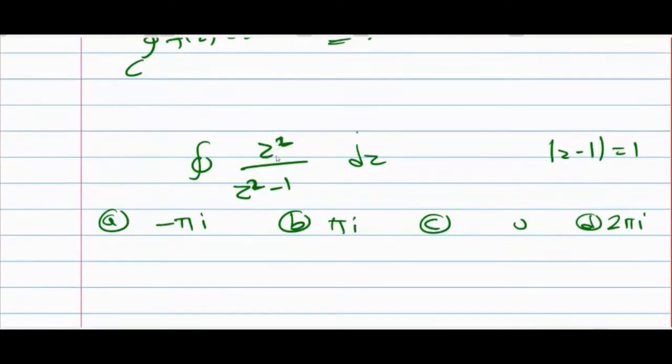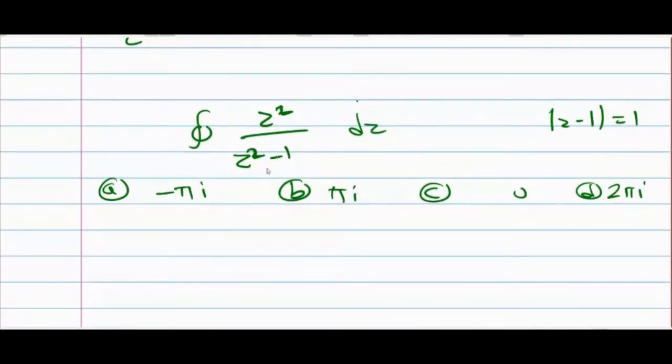The denominator factors are z minus 1 and z plus 1. So z equal to 1 is inside, and z equal to minus 1 is outside, since the distance minus 1 minus 1, that is minus 2, is greater than the radius.